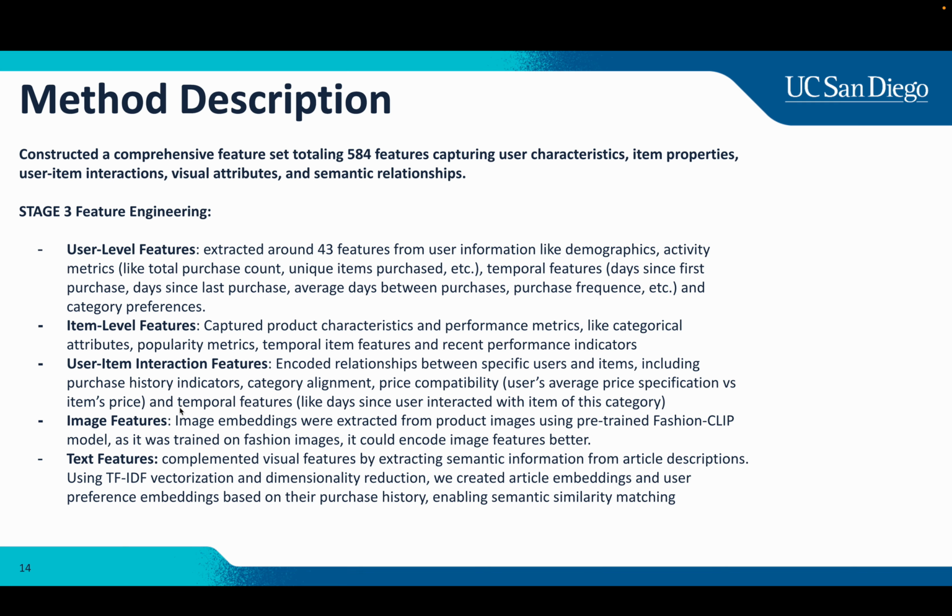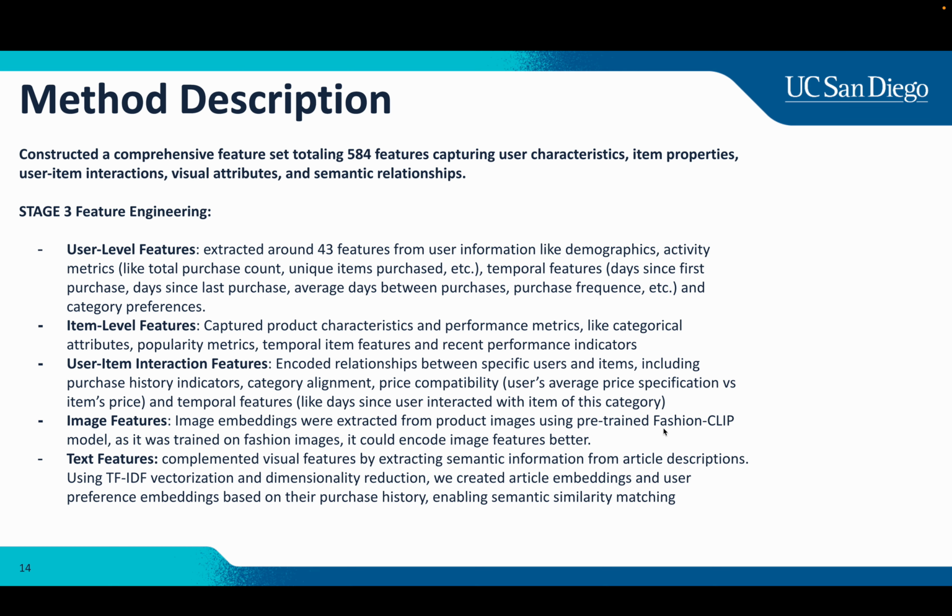So for the image features, I used Fashion Clip. Fashion Clip is a pre-trained model, we could say it's a text and image model. We could use text embeddings and text data too, but I used Fashion Clip only for image data, where I generated embeddings of the article images using the pre-trained Fashion Clip.